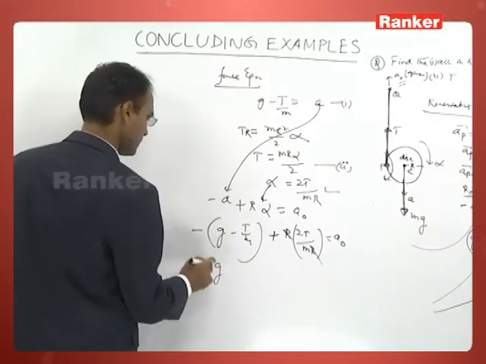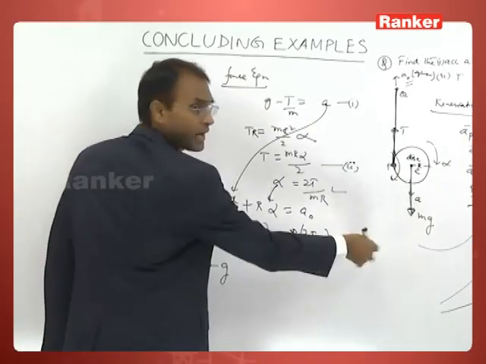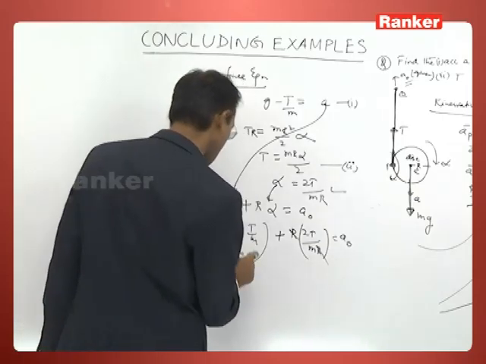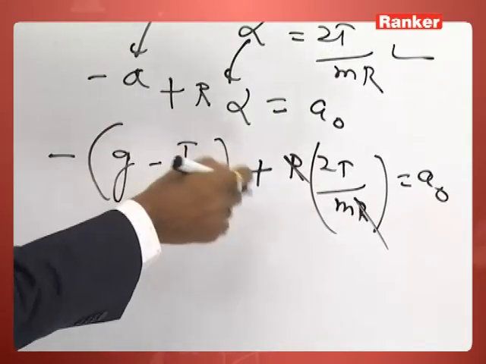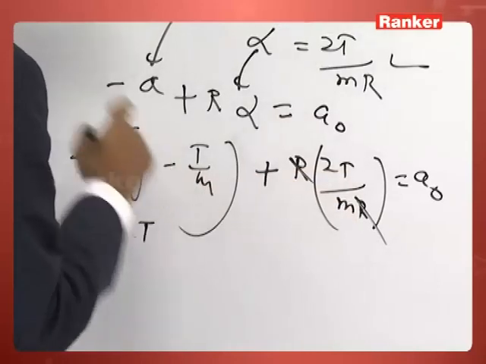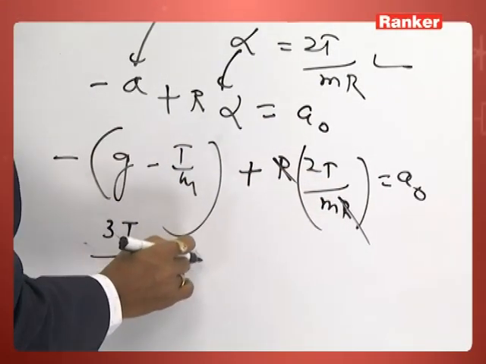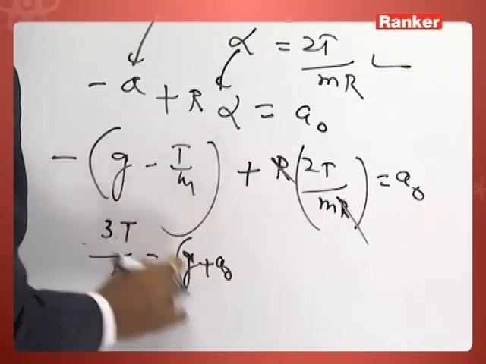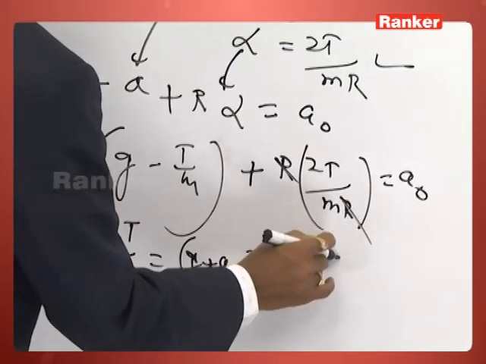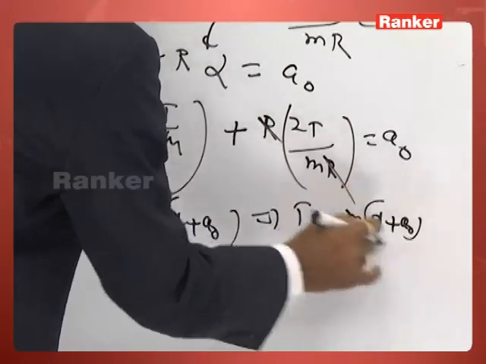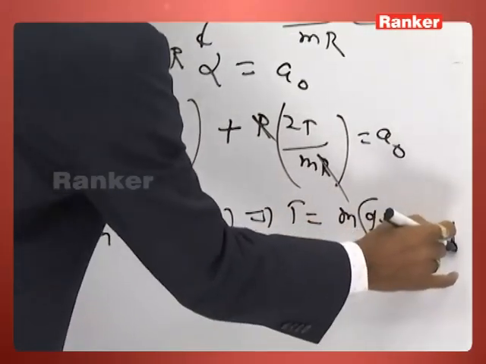So minus g will be taken to the right hand side, and you take T by M common. So you are getting 2T by M plus T by M, that is equal to 3T by M, that's equal to g plus A naught. So you are getting T is equal to M into g plus A naught by 3. Answer.